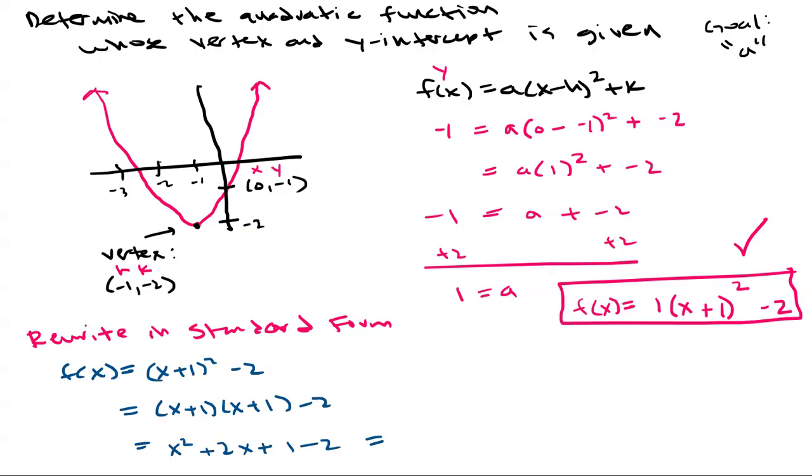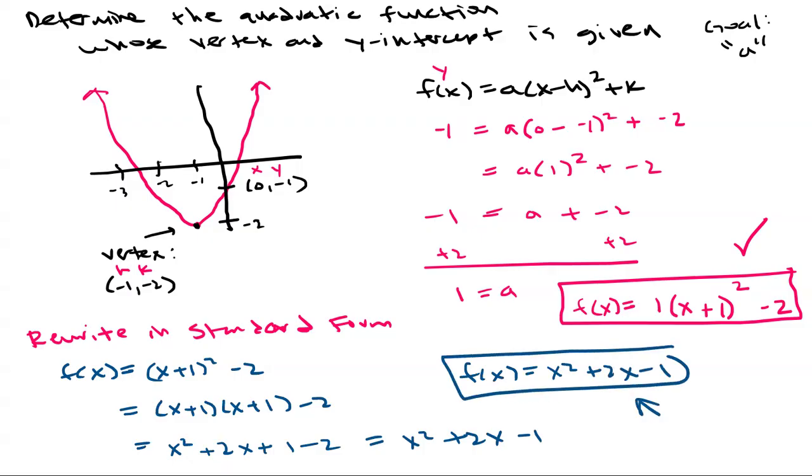So in this case, we get x squared plus 2x minus 1. So our standard form is going to be x squared plus 2x minus 1. So this here is in standard form, and this here is vertex form.